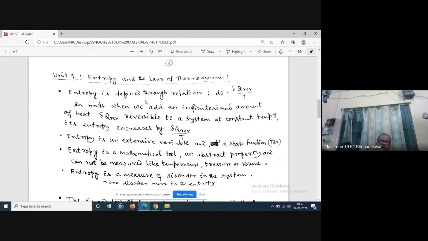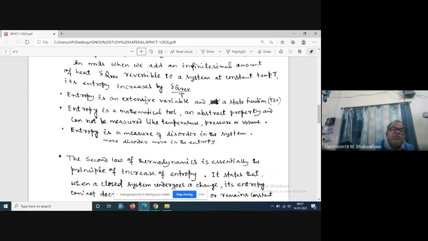Entropy is a measure of disorder in the system. If you say the system has more entropy, that means the system is more disordered. So if it is more disordered, then the system has more entropy.